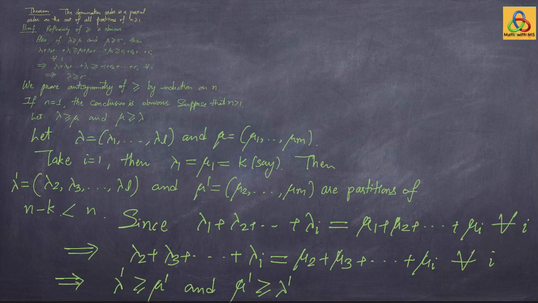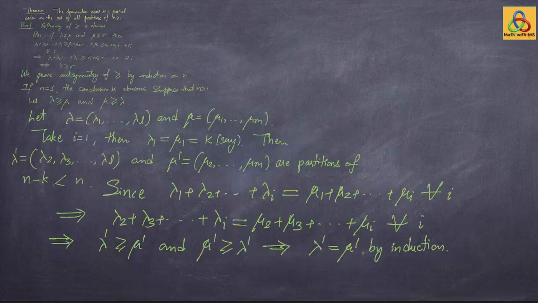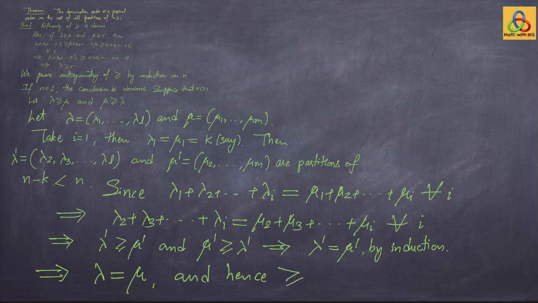So by the induction hypothesis, lambda prime is the same as mu prime. But once lambda prime is the same as mu prime, that implies that lambda equals mu. And hence, this domination order is a partial order on the set of all partitions of n.